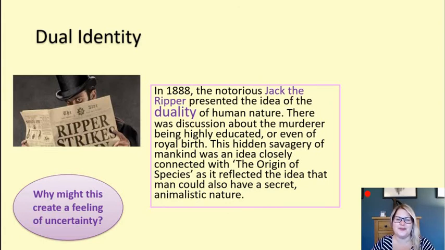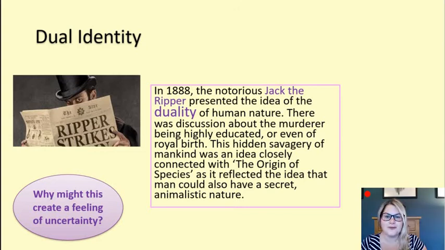Okay, I've been talking a lot about duality or dual identity. Now, this whole Jack the Ripper thing was actually 2 years after this book was published, but it heightened the anxieties. This book was really controversial when it came out, and this idea of someone in the streets of London killing women and not being caught was astounding.